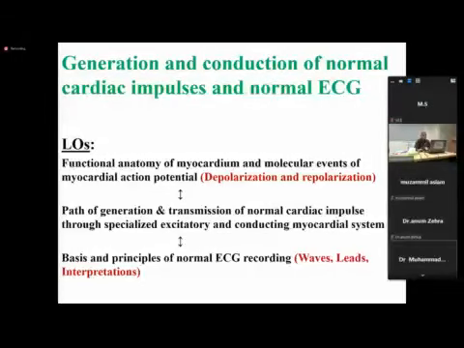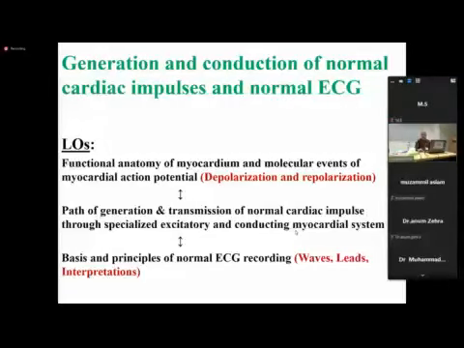So the learning objectives for my lectures today are: I'll be trying to relate the functional anatomy of myocardium and the molecular events of myocardial action potential, which are depolarization and repolarization. Two, the generation and transmission of the normal cardiac impulse through a specialized excitatory and conducting myocardial system.